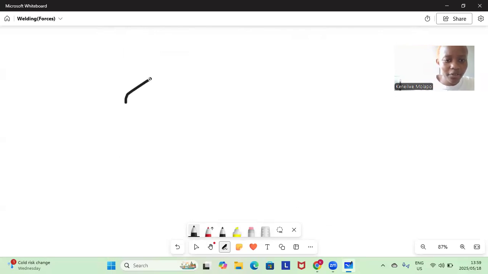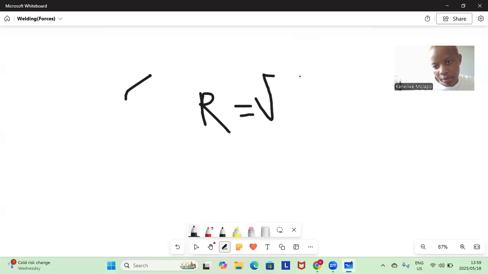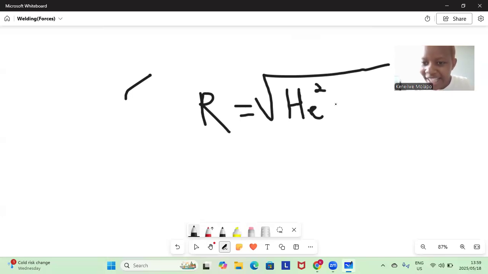The formula for your resultant force is R equals the square root of your horizontal components squared, plus your vertical components all squared. That's the formula to find what?